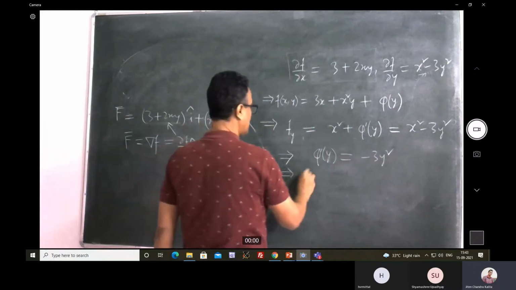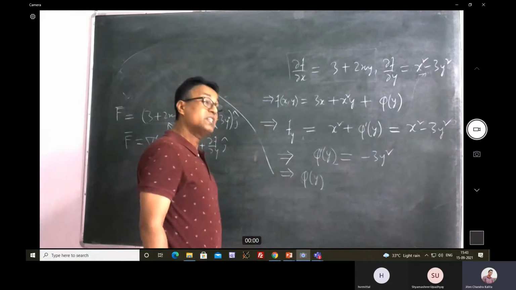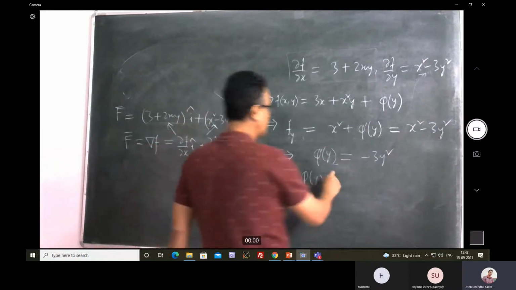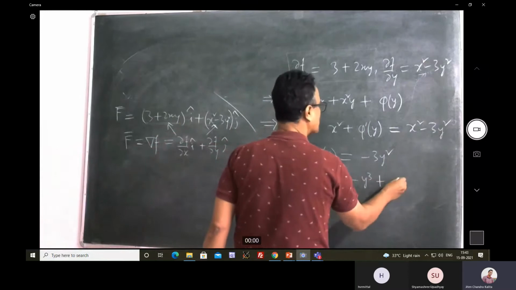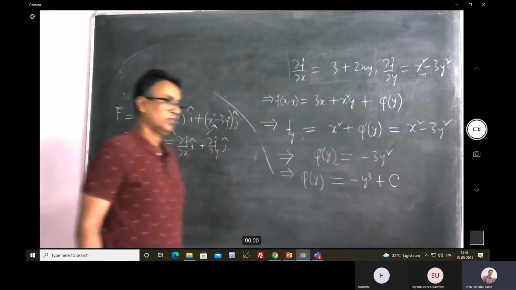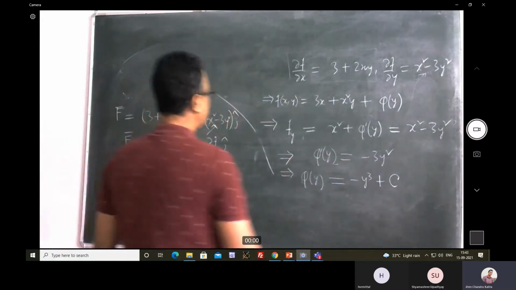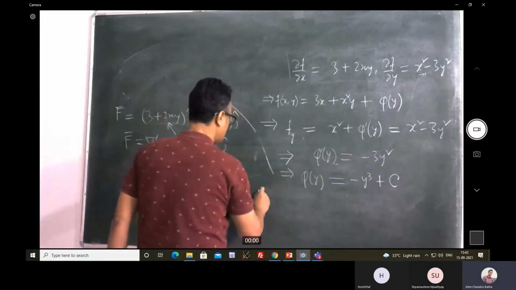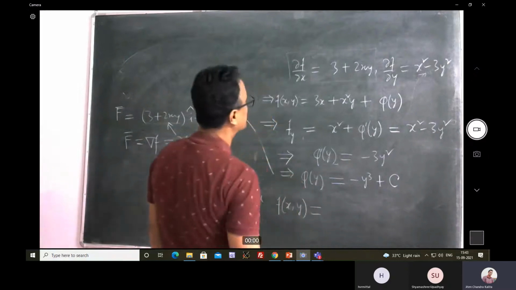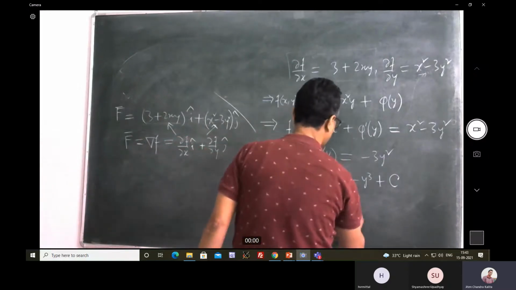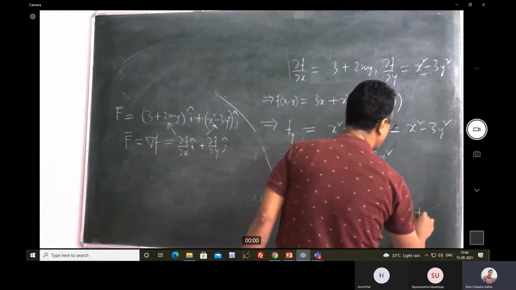So that means phi of y, because this is simply a function of this single variable y, once we integrate it, must be minus y cubed plus some constant c. Okay, fine. So that is your small f of x, y equal to 3x plus x squared y minus y cubed plus c.